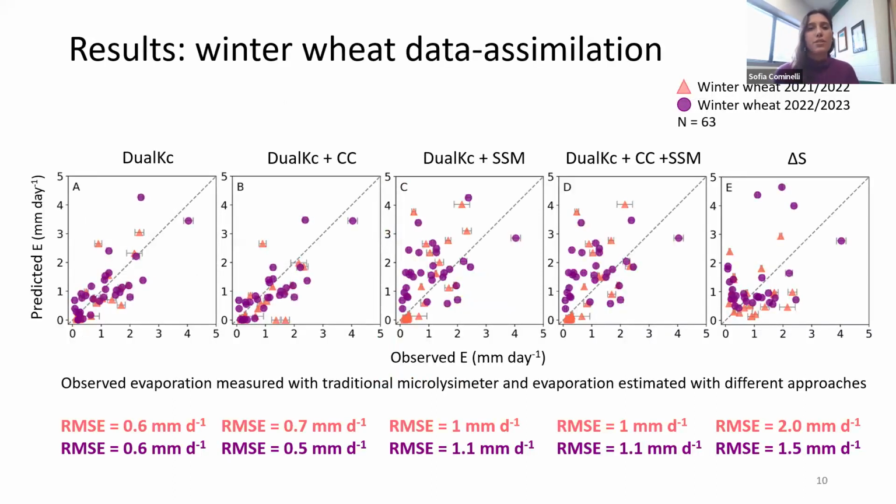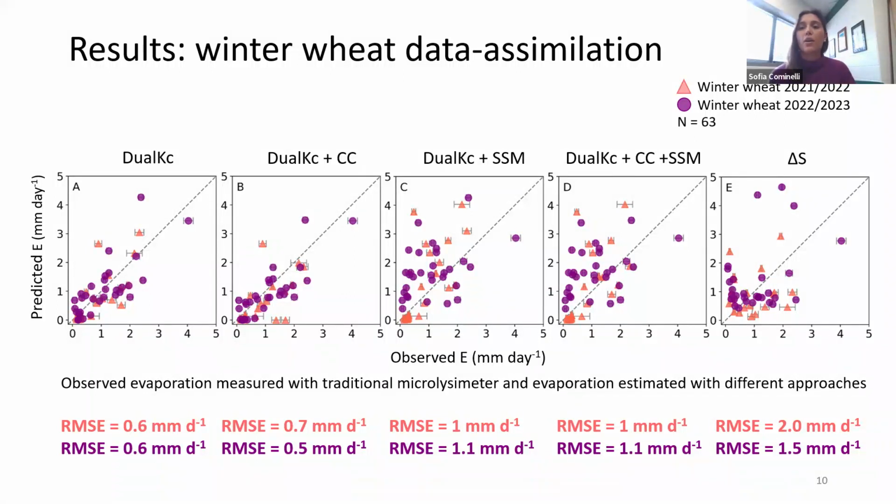Moving into the results, we have one-to-one plots where in the x-axis, we have the observed evaporation, and in the y-axis, we have the predicted evaporation by each of the 5 approaches for winter wheat in both growing seasons. In pink, we represent the growing season 2021-2022, and in purple circles, I represent the predictions of winter wheat growing season 2022-2023.